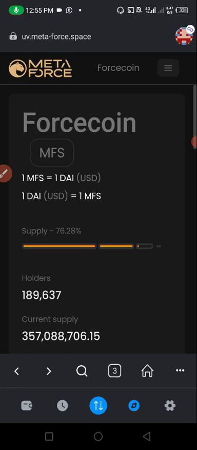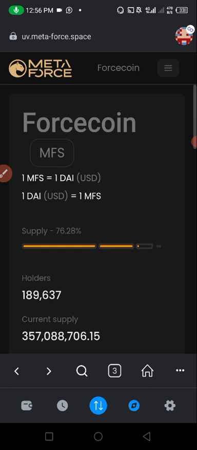And by that time, it will be hard for you to get it because the quantity of the ForceCoin will be low, the demand will be high. And when the quantity of something is low and demand is high, this increases the price value of that thing.